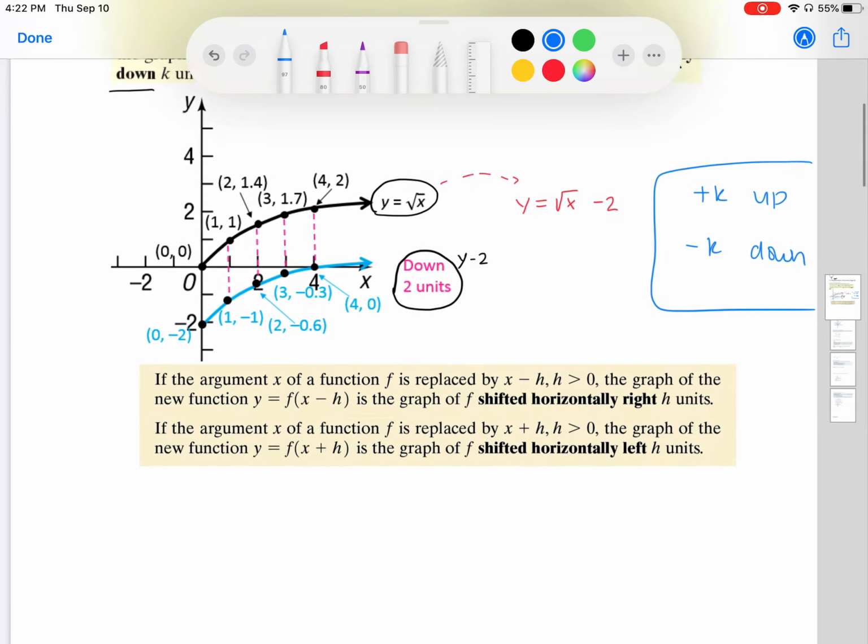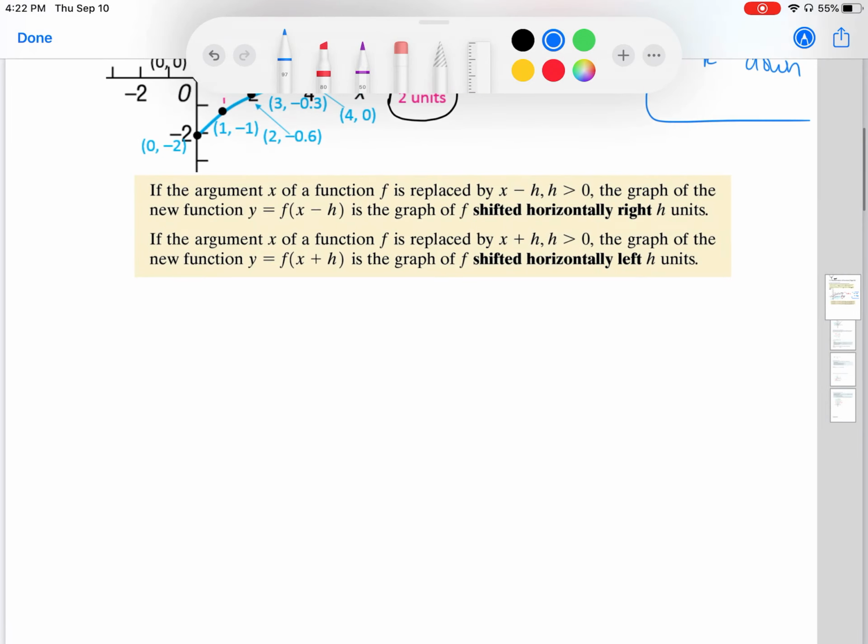Okay, horizontal shifts. If the argument x of a function f is replaced by x minus h, the graph of the new function y equals f of x minus h is the graph of f shifted horizontally right.